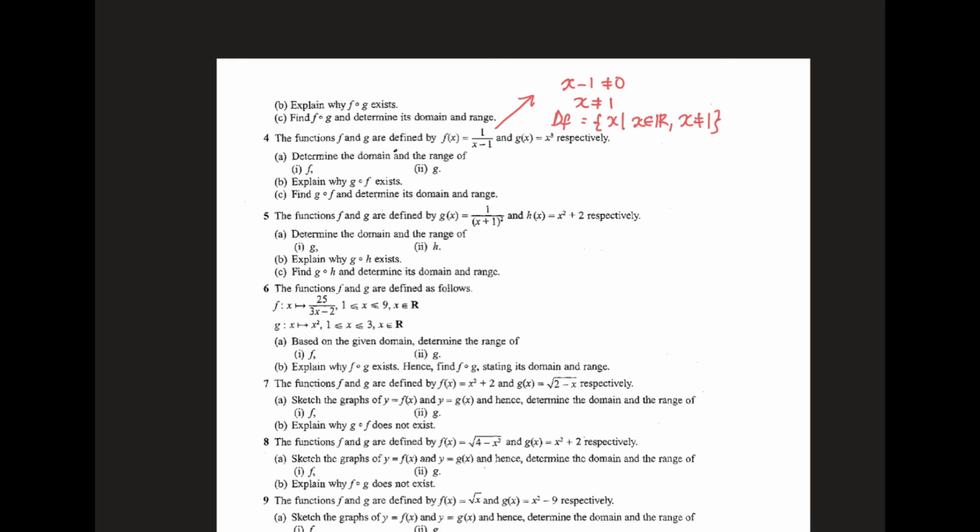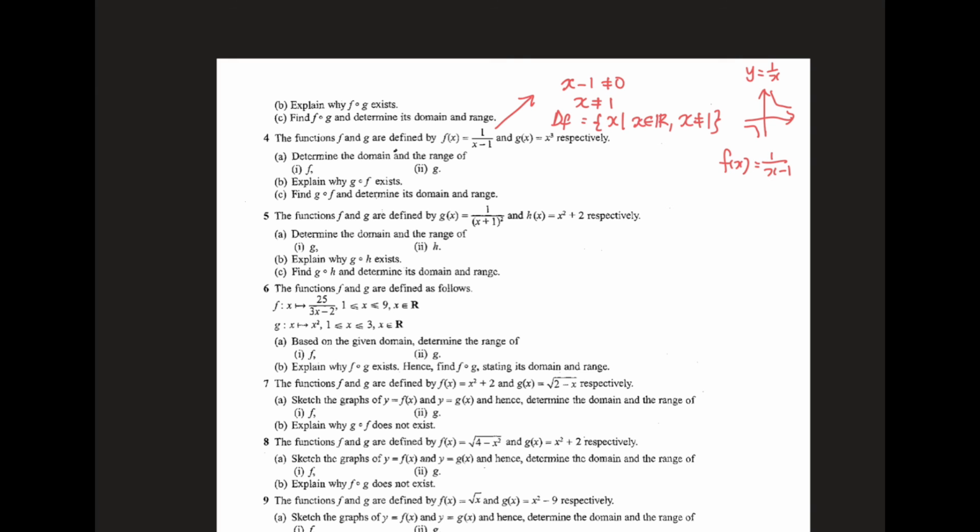Now to find the range, we need to sketch the graph. So how to sketch the graph? This is a reciprocal graph. You know the reciprocal graph is y equals 1 over x, and during our discussion, the graph is like this. But this is f(x) = 1 over x minus 1.